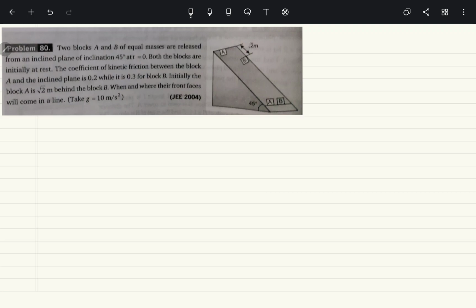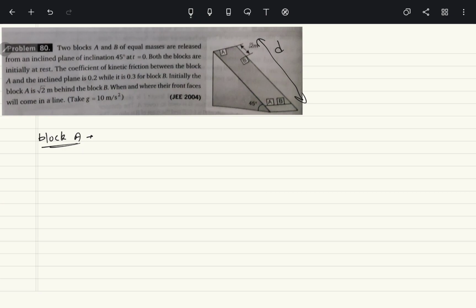Okay, so now let's suppose that block A is moving. Let's assume that this total distance is d here. Both are starting from rest, so the initial velocities are 0. If we write the equation for block A, it will be mg sin theta.